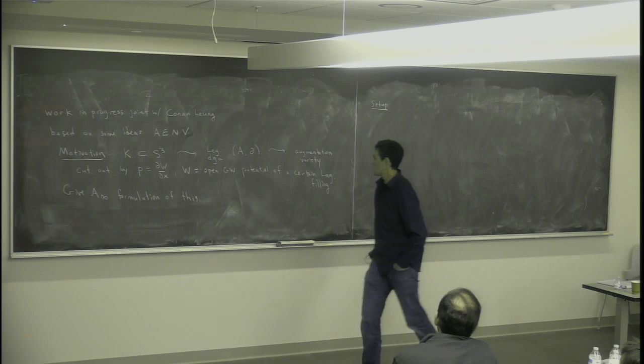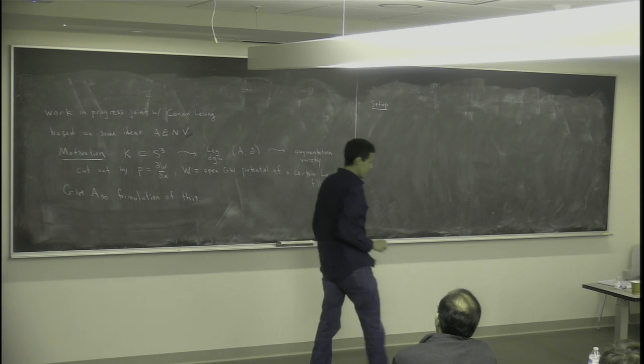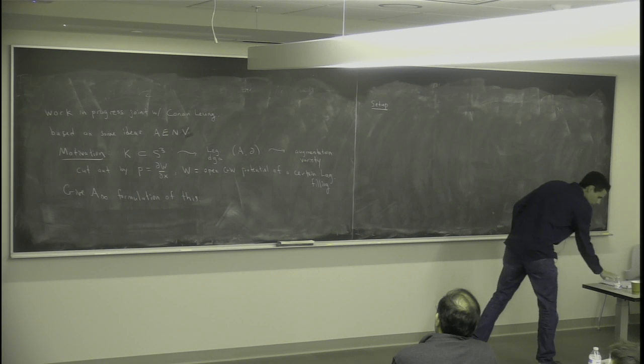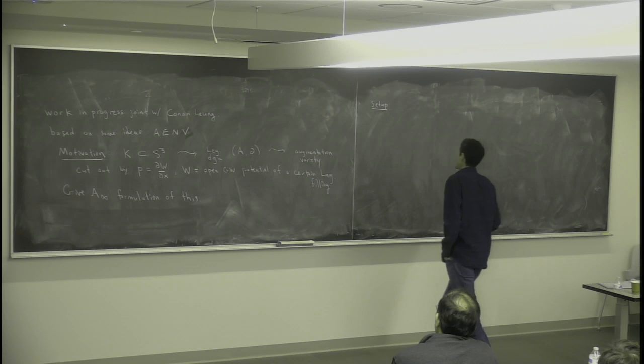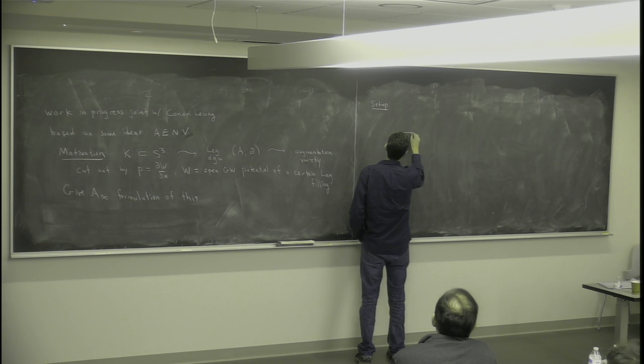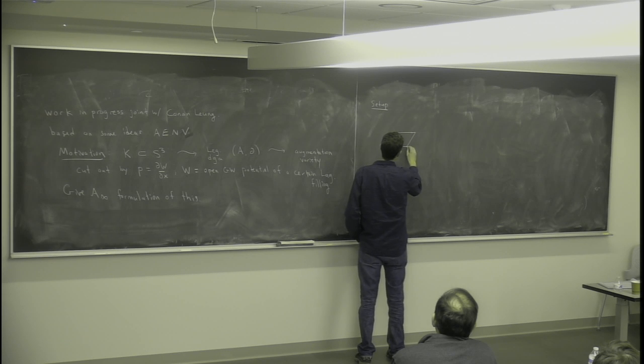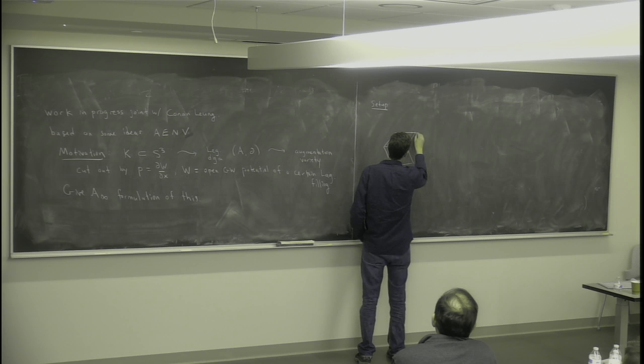The first thing is we're going to have an oriented knot K contained in S3. Then we're going to look at a couple of manifolds. One thing we'll look at is the cotangent bundle of S3.